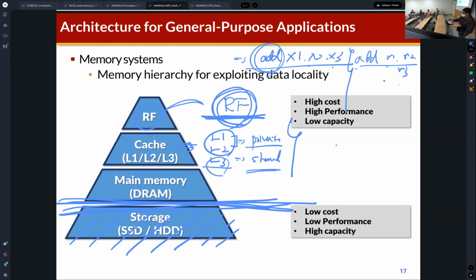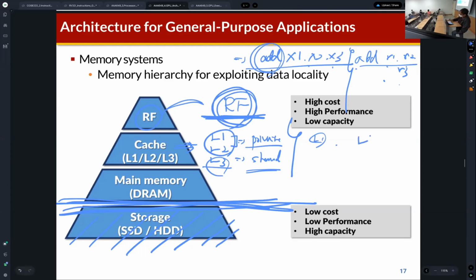So, CPUs have cache hierarchies, and these caches are managed by hardware, right? And as GPUs support general-purpose applications, GPUs now also have caches.